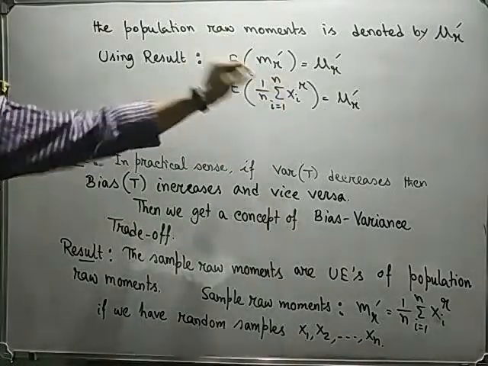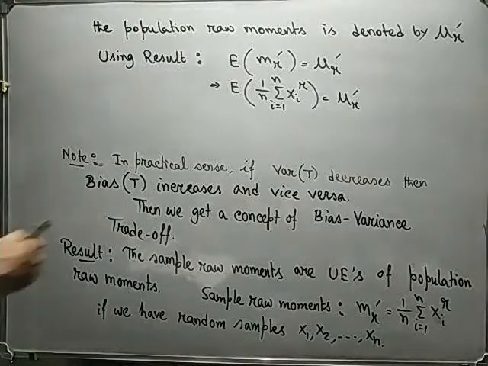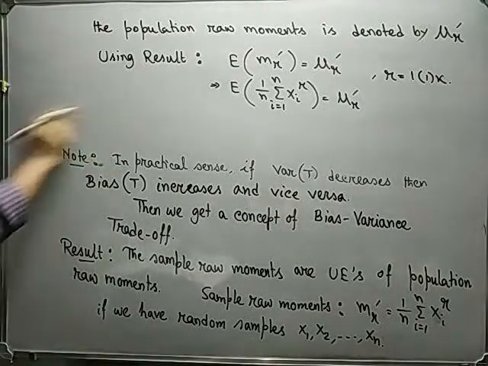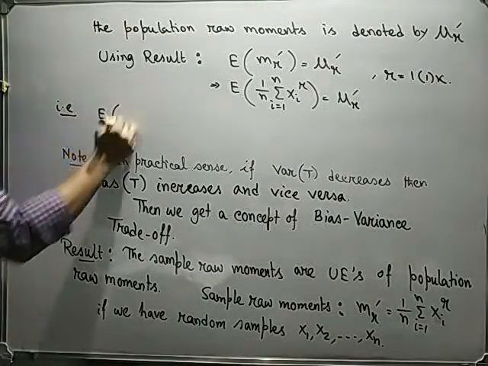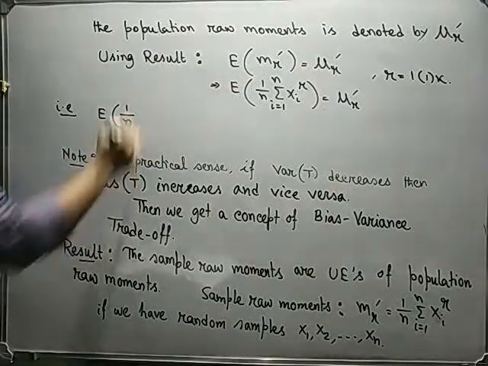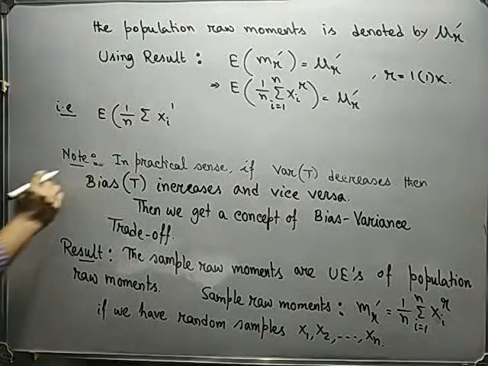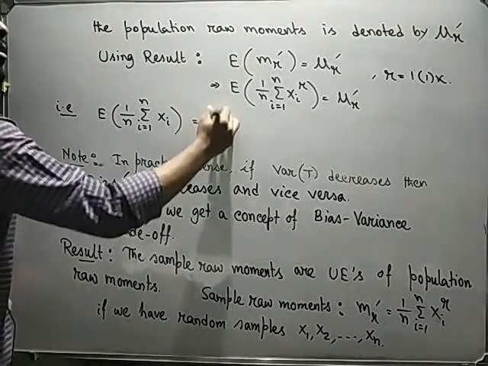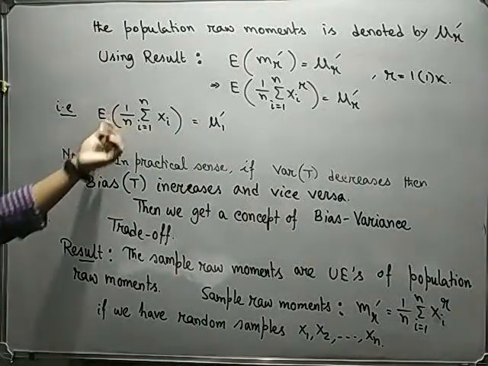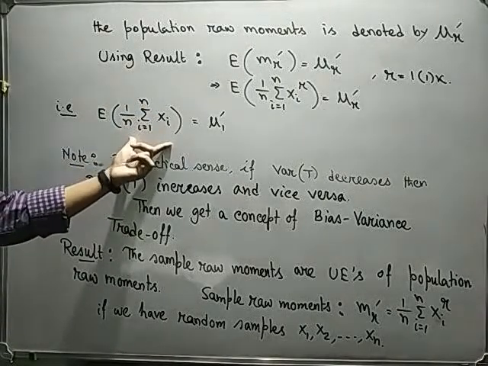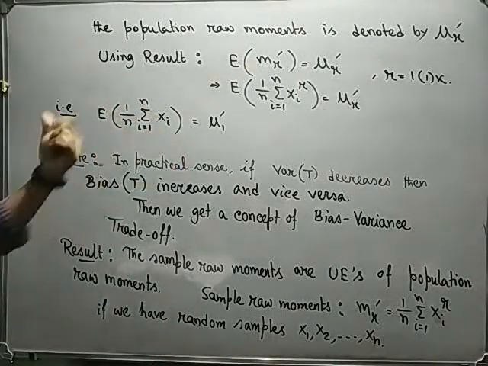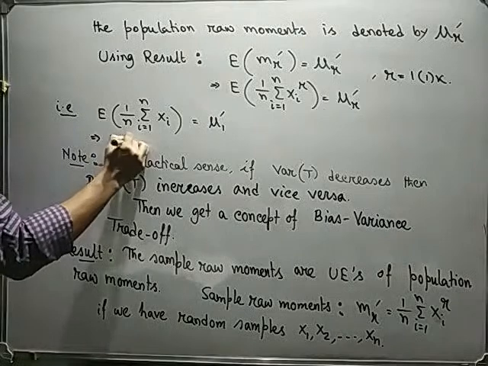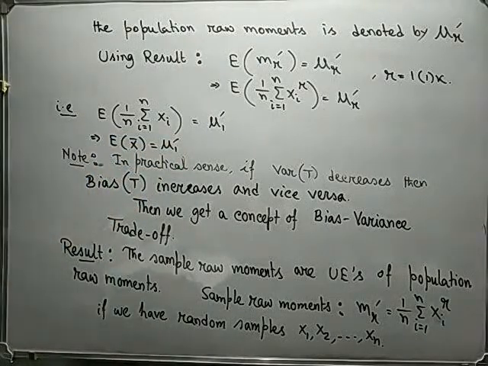If we take different values of r, for r equal to 1 to k: if we choose r equal to 1, then expectation of 1 by n summation of xi to the power 1, which is basically xi, will give the value mu1 dash. 1 by n summation of xi is nothing but the mean of capital X1, X2, Xn, so this is capital X bar. So expectation of X bar is mu1 dash.